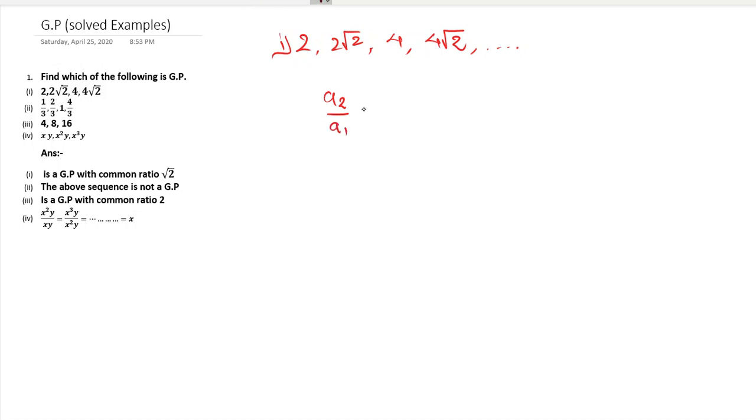Second term divided by first term will give you 2 root 2 divided by 2. What do you get? Root 2. Great. What is third term divided by second term? 4 divided by 2 root 2. 4 cuts with 2 and root 2 cuts with 2. You again get root 2.